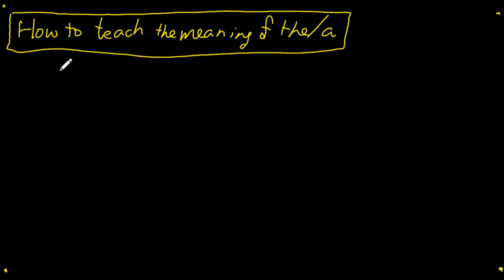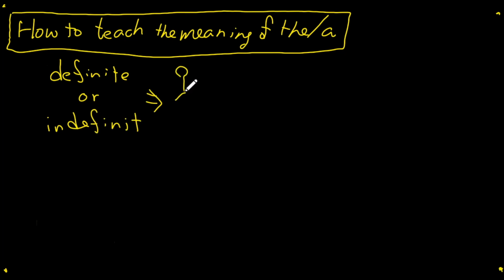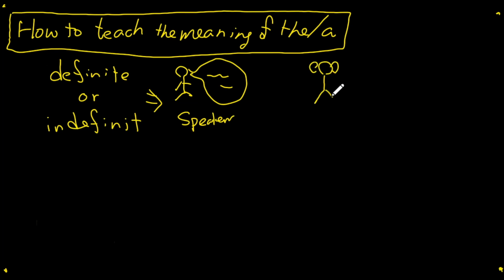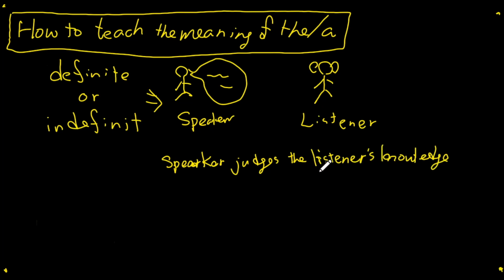Let me write this down. So definite or indefinite. This is a speaker, and this is a listener. The speaker judges the listener's knowledge of the thing referred to.